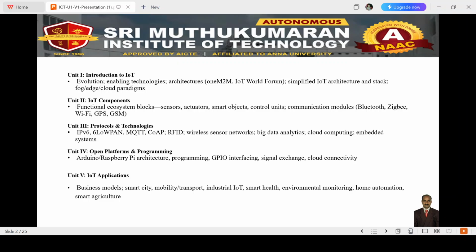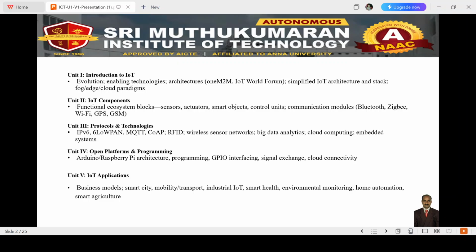And GPIO, general purpose input output interfacing pins details: what the analog pins are, what the digital pins are, and which pins are input and which pins are output. Everything we are going to study to interface with the outside world. These are the gateways to interact with other devices, with the outside world.